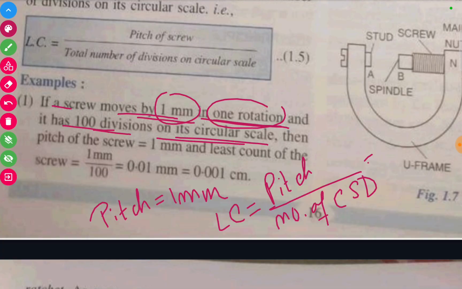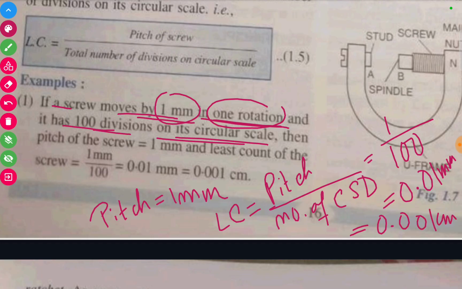So the pitch was 1 millimeter divided by 100 divisions, so 0.01 millimeter, or in centimeter you can write 0.001 centimeter. In this way I can find out the least count.